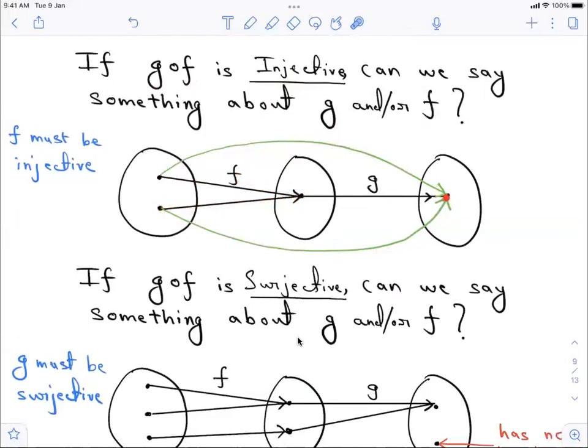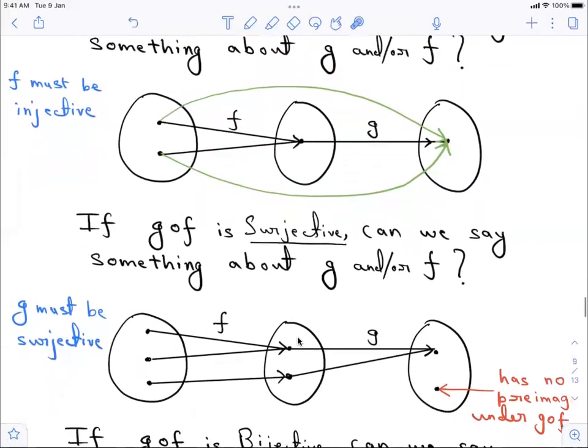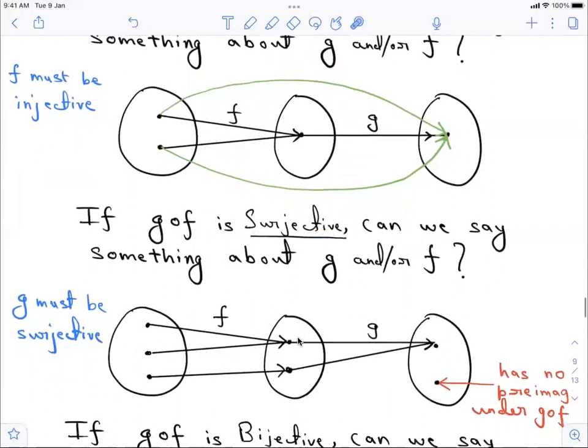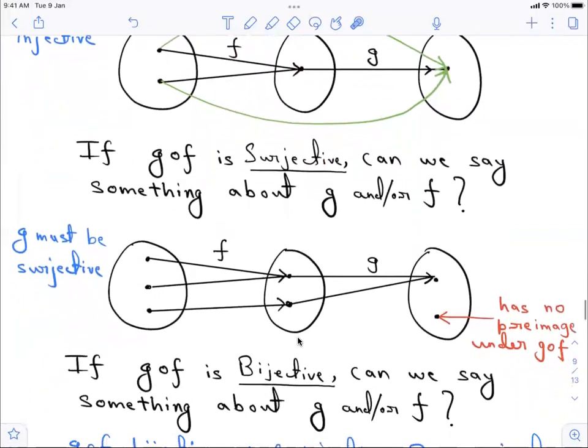And that would mean that the composition is not injective. So the first function must be injective. Similarly, if the composition is surjective, what can we say about these individual functions? Well, all we can say is that G must be surjective.